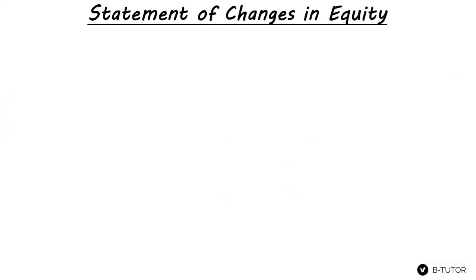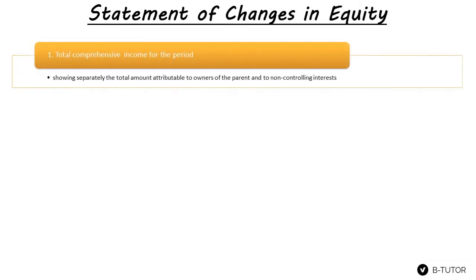Next head under structure and content, statement of changes in equity. An entity shall present a statement of changes in equity which includes all changes in equity. The statement of changes in equity includes the following information. 1. The total comprehensive income for the period, showing separately the total amount attributable to the owners of the parent and to non-controlling interest. Number 2.